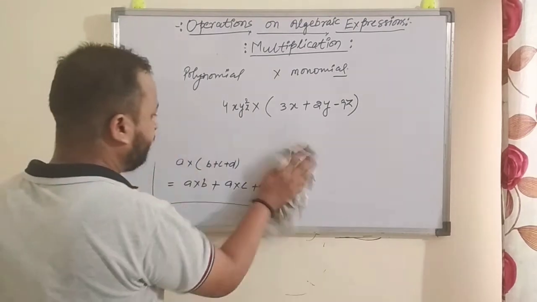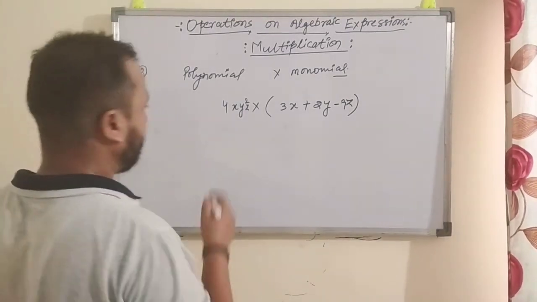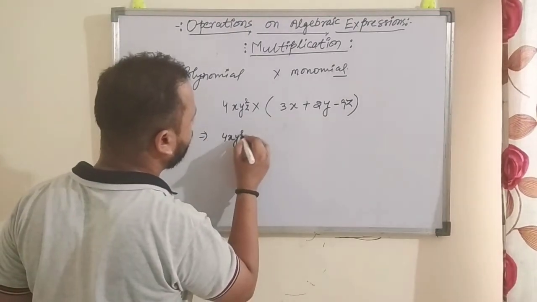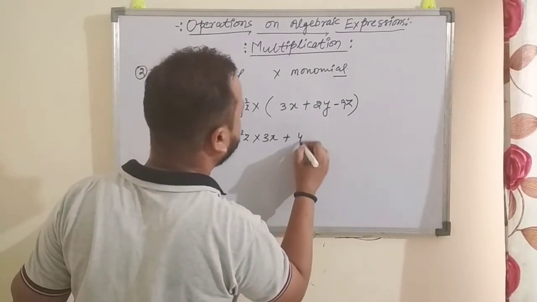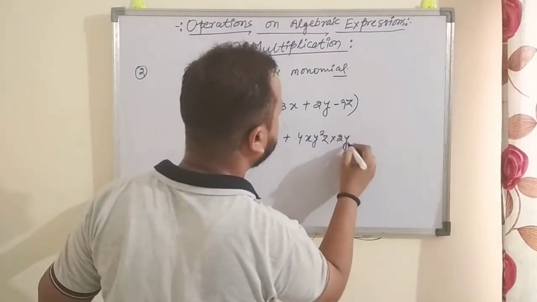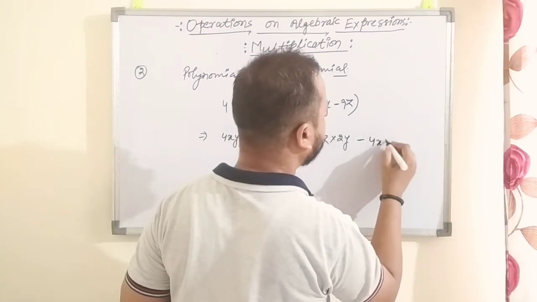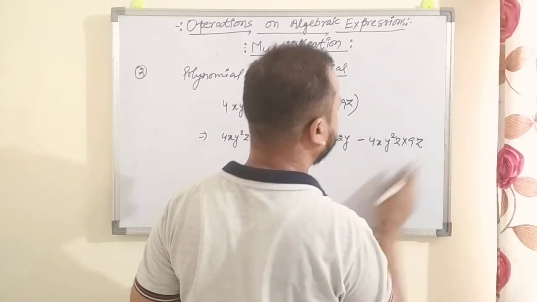So multiply 4xy square z to 3x. So 4xy square z into 3x, plus 4xy square z into 2y. The minus sign is here, so put minus 4xy square z into 9z, right?